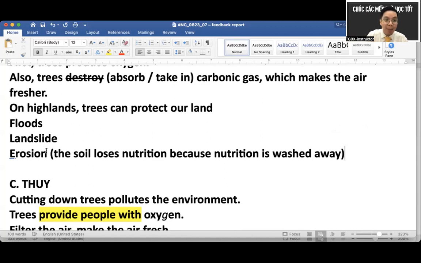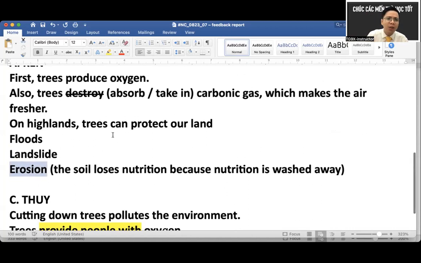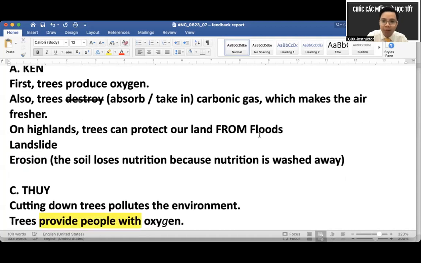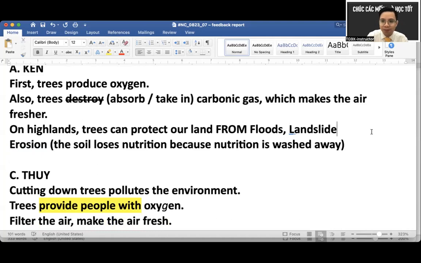Am I clear to you? Right. So you can say on highlands, trees can protect our land from floods, landslides, and erosion. Can you say again, please?